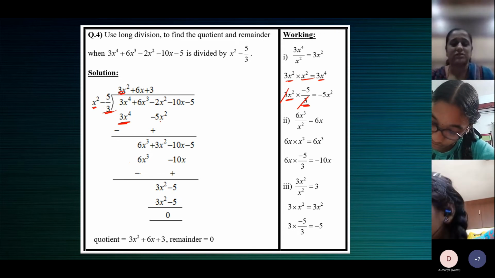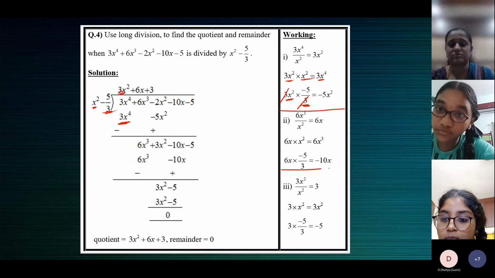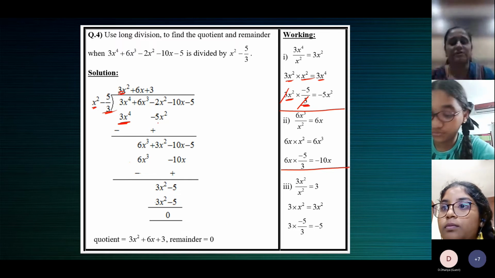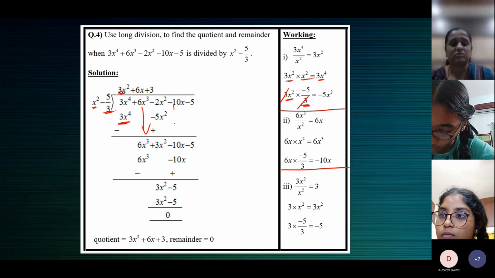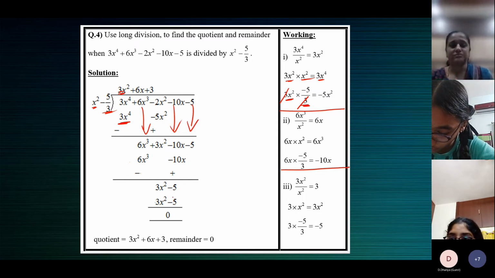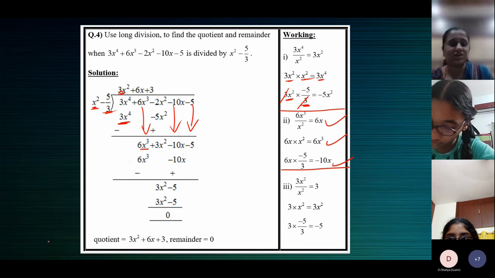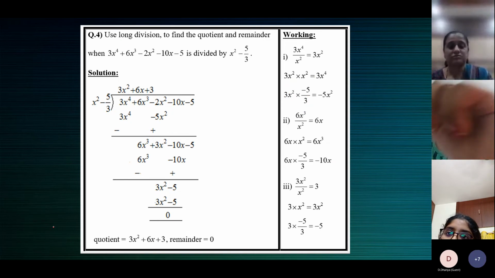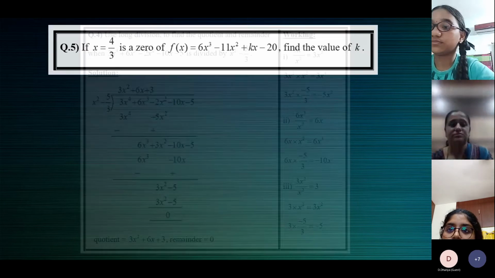That's the second term. This is the x square term, so write it below x square. Then bring the 6x cubed down. Again, divide this by this. You can see every step in the working. Take a screenshot. Taken, ma'am.